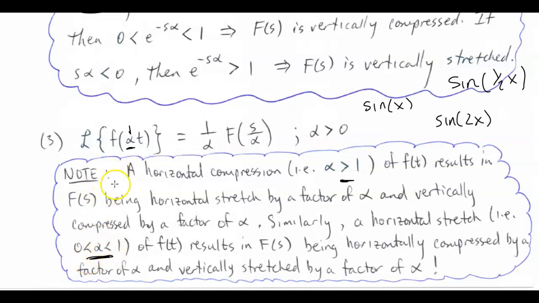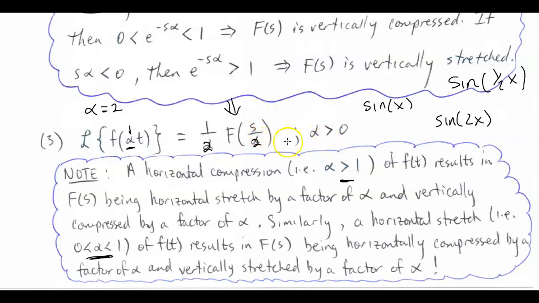Now, what does that translate to over here? I'll just use actual values. Let's say alpha is 2. So if alpha is 2, then I'll put a 2 here and a 2 there.